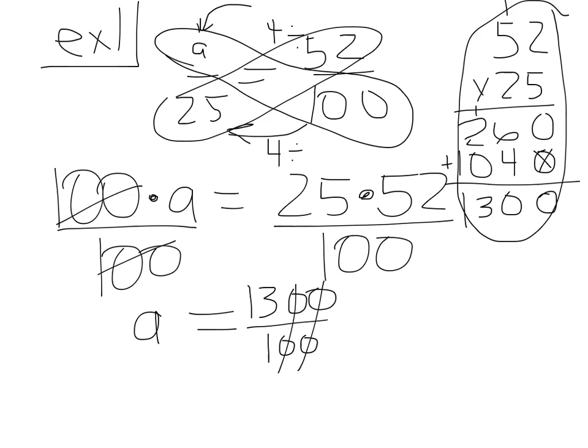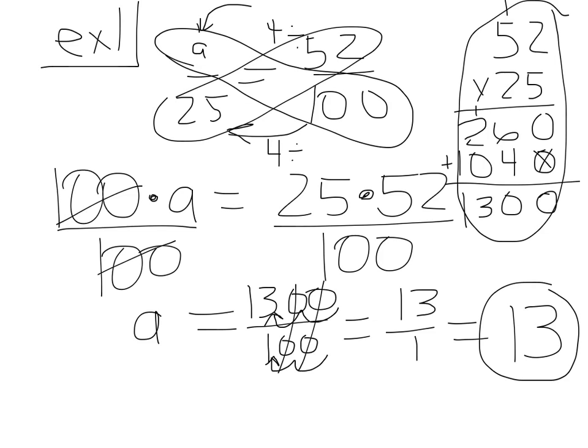Anytime you have zeros, we're just moving the decimal over 2 places and 2 places. So it ends up giving you 13 over 1, which is just 13. So A equals 13, final answer.